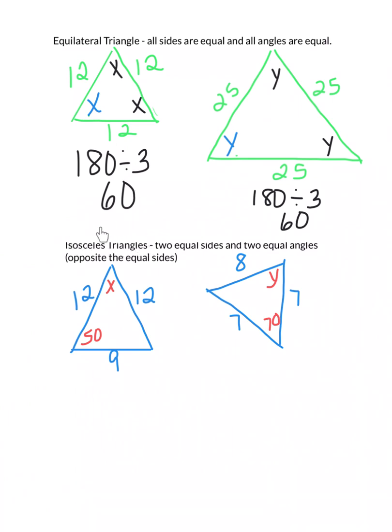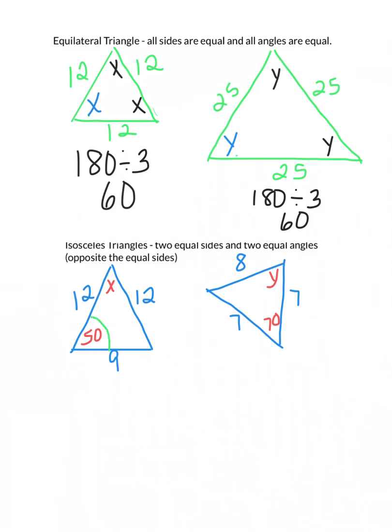Next, we're going to look at isosceles triangles. Isosceles triangles have 2 equal sides and 2 equal angles. The angles that are equal are always opposite the equal sides. So if I look at this first example here, this side is 12 and this side is 12. So if those two are both 12, those are my equal sides.